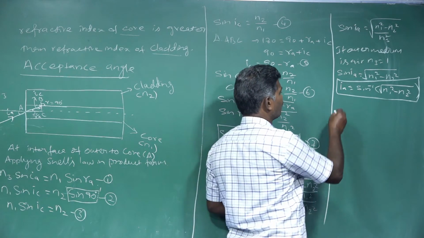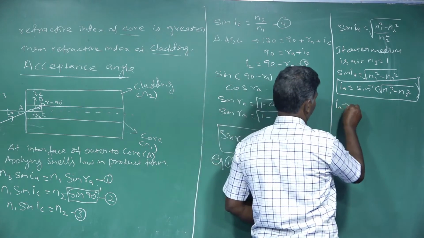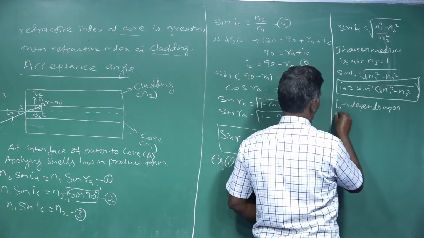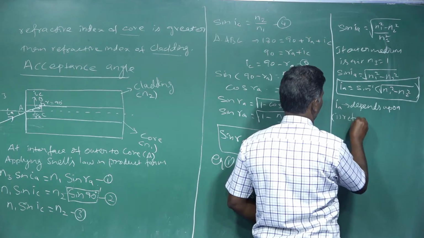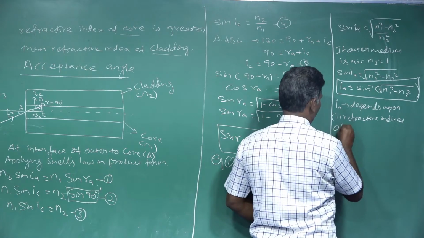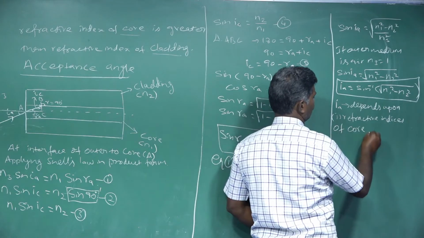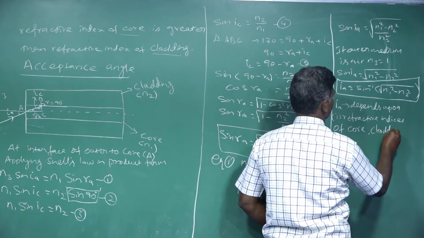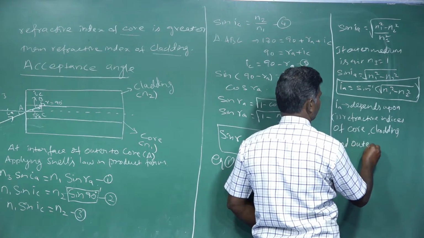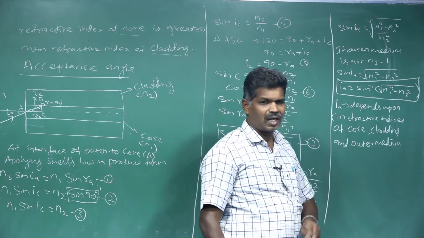That's why the acceptance angle depends upon the refractive index of the core, cladding and outer medium. In general, the outer medium may be taken as air.